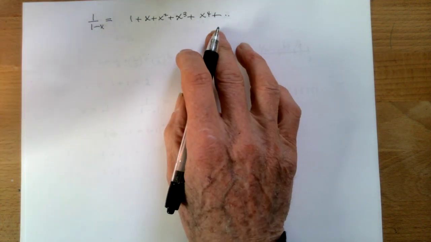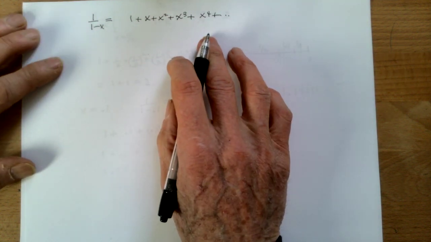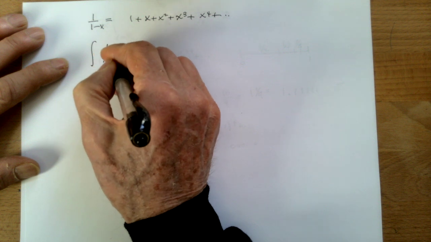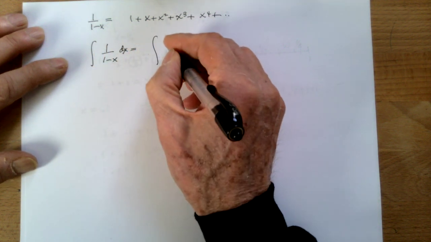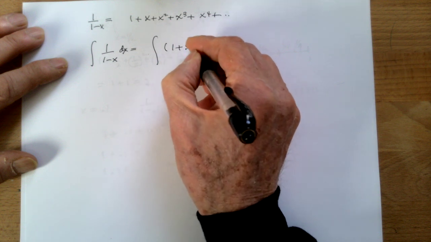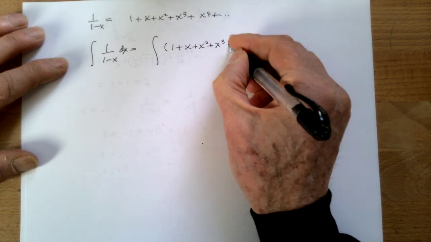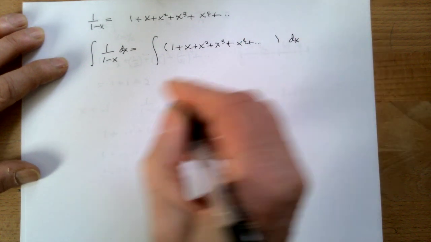Because this is a true statement, the integral has to be a true statement. We're doing an indefinite integral, taking the antiderivative of 1 over 1 minus x and of this long sum, which we can do term by term.